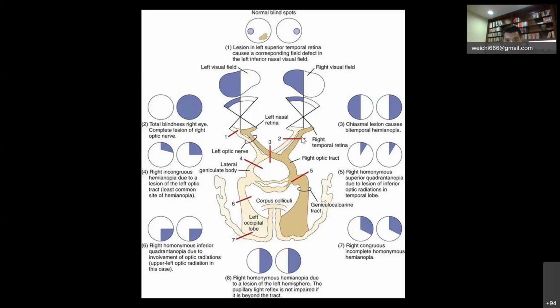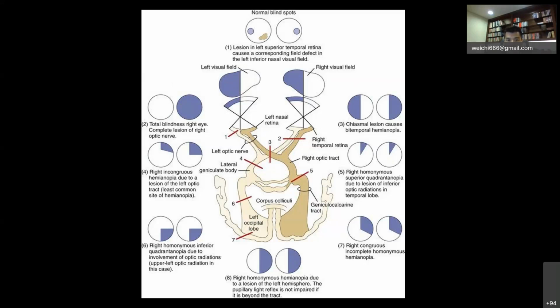So that's the reason why, when there's a lesion here, you see a visual field defect like this. When you have a defect here, you see a visual field defect like this. So do you understand what I am talking about here?